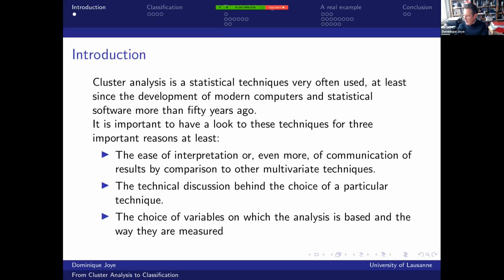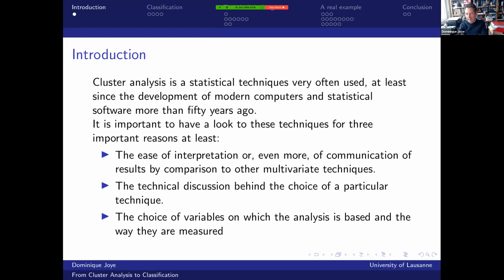So the first point, cluster analysis, the definition is rather easy. That's to make groups in the data. So to find that individuals belong to a particular group and to find the best way to distinguish groups in the data. That's a very interesting technique because it's easy to communicate. I don't know if you have already tried to explain factor analysis to people.